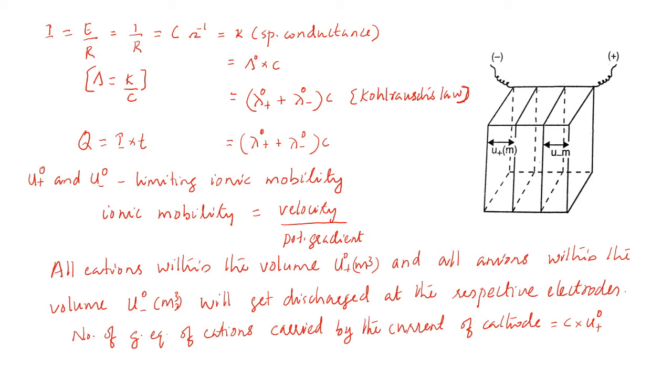So in U plus 0 meter cube, the number of gram equivalents present will be C into U plus 0.